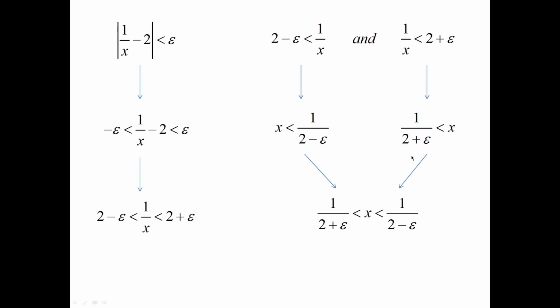So if you look at this right one here, this is telling us that x has to be greater than this. So here it is right there, x is greater than that. And then this expression here is telling us what x has to be less than. And so we can stick that over here. And so this shows then that this left expression, this 1 over x, we can write as this expression here on the right.